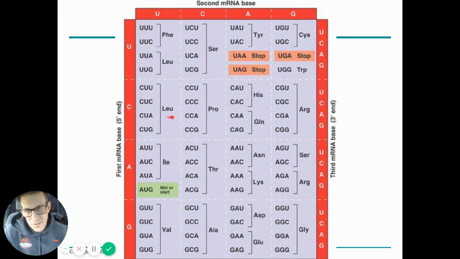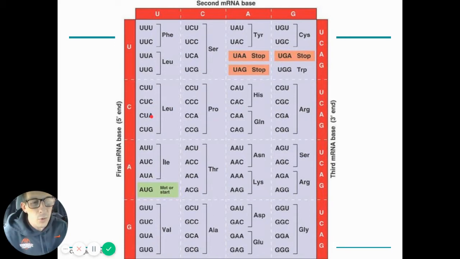For instance, this one here, leucine, this amino acid is brought into the ribosome and attached to the protein strand by a tRNA molecule that will match up complementary to one of these 4 codon sequences. So this amino acid is brought in by a tRNA molecule that matches up with one of these 4 codons.